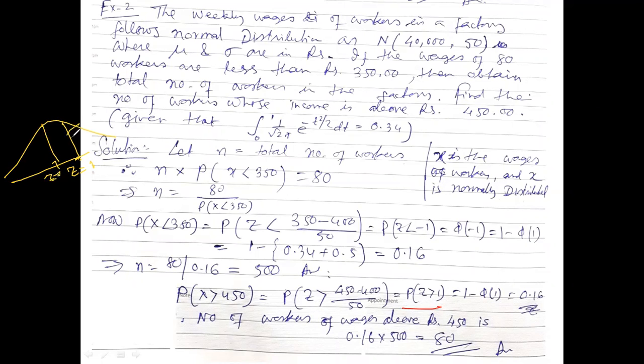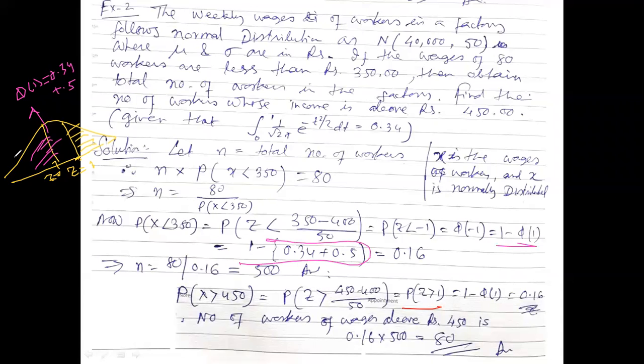Z greater than or equal to 1 means we have to find this part. We know the left side of z equal to 1 is phi 1, and we already found phi 1 is equal to 0.34 plus 0.5, right?